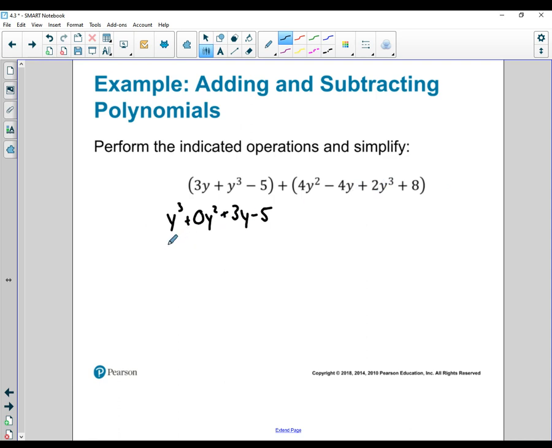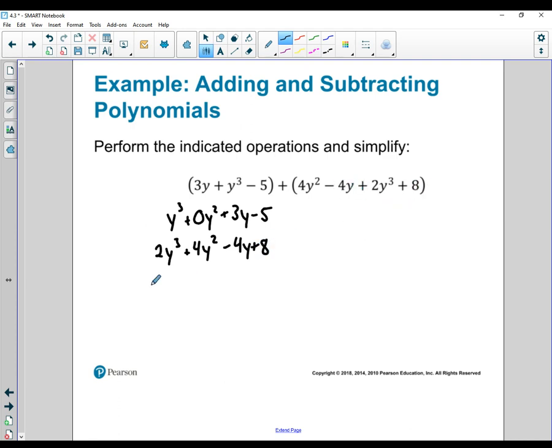We have a positive 2y cubed, and then a positive 4y squared, and then a minus 4y, and then a plus 8.